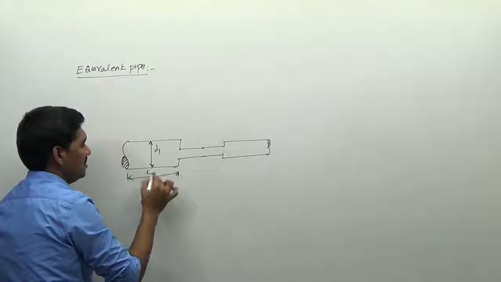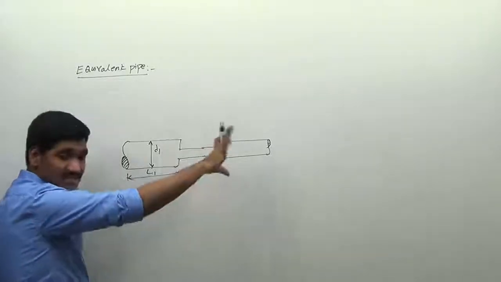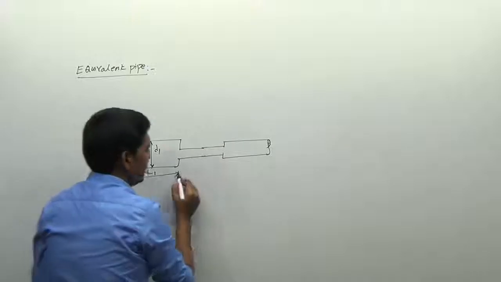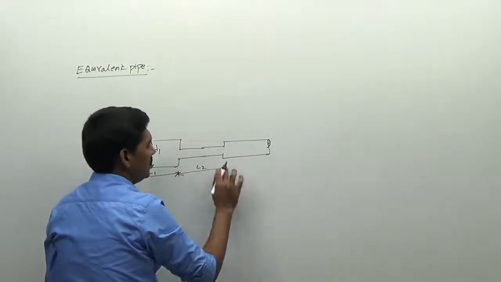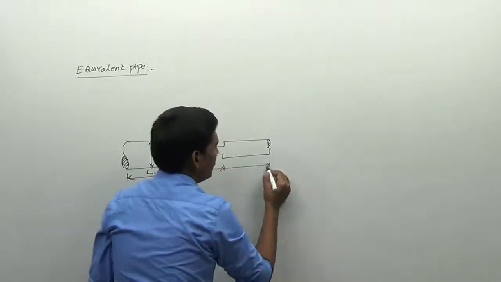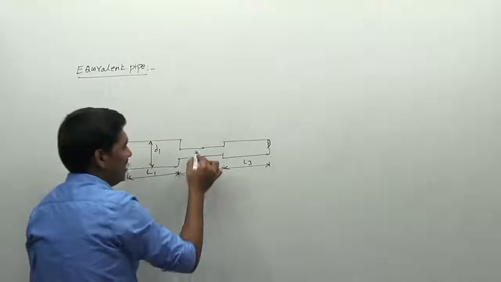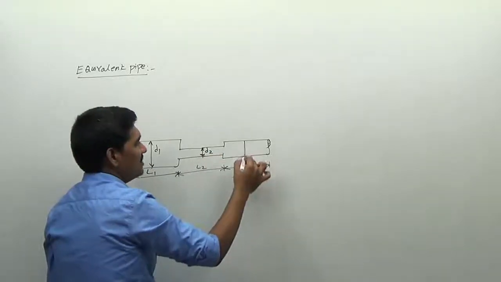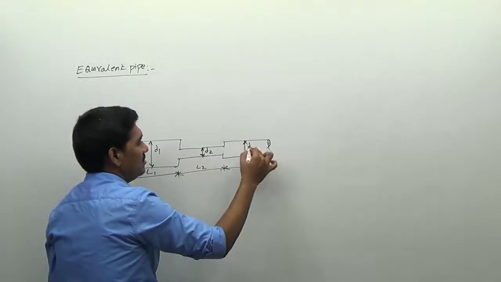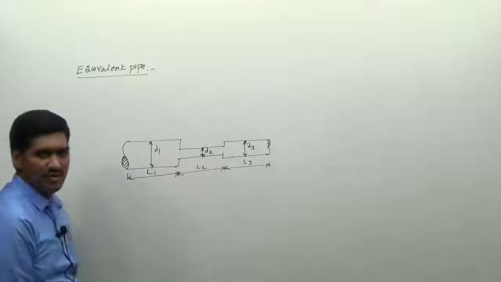I am choosing an example of pipes in series, or a compound pipe. This length of the pipeline is L2, and this length is L3, and this diameter is D2, and this diameter is D3. So D1, D2, D3, L1, L2, L3, V1, V2, V3.